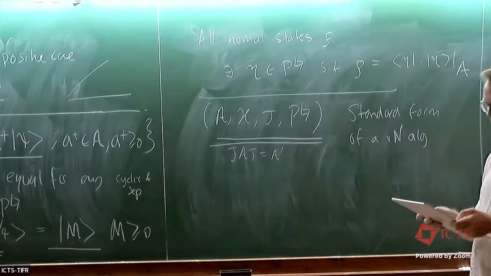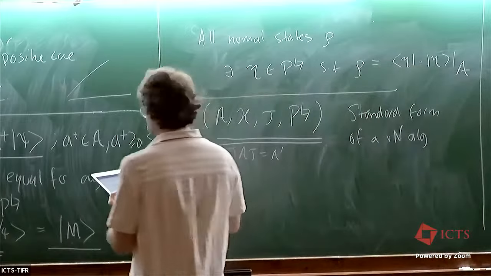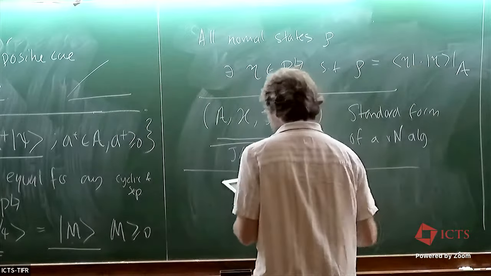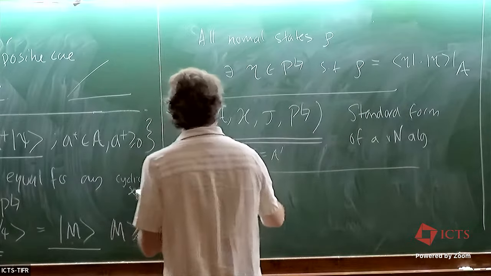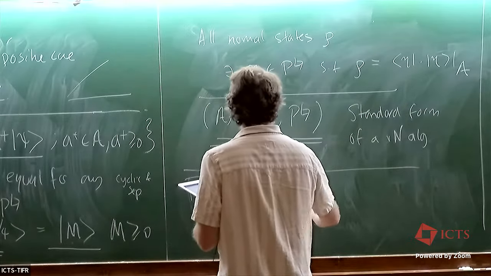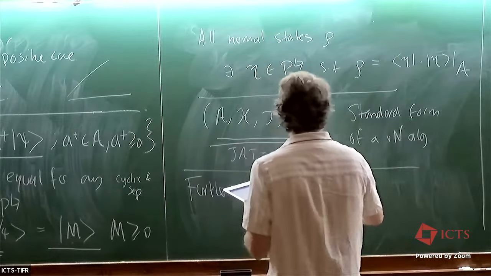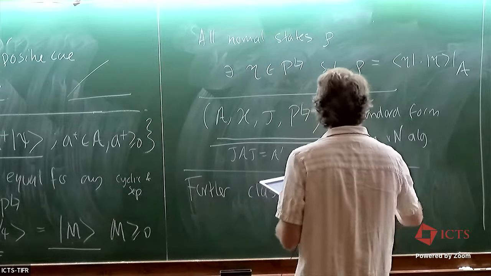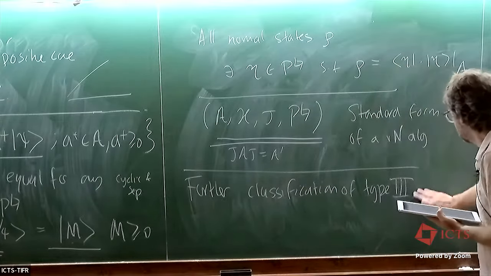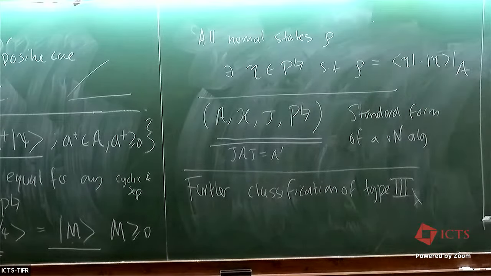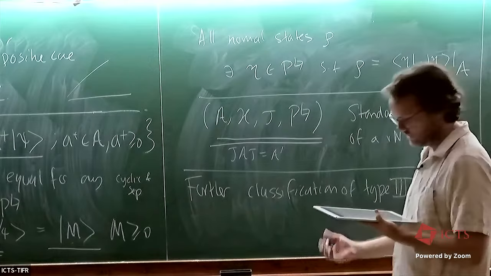All right. So a final thing here is that at this point we have modular operators. So I can mention a further point, a further classification of type 3 von Neumann algebras. You might have seen this sort of 1 or sometimes this lambda that sits there. This lambda relates to modular theory.